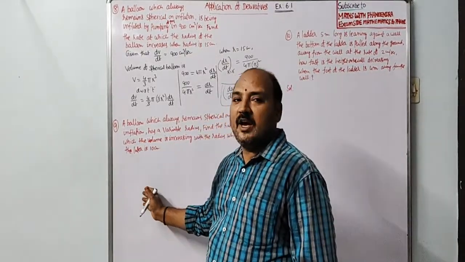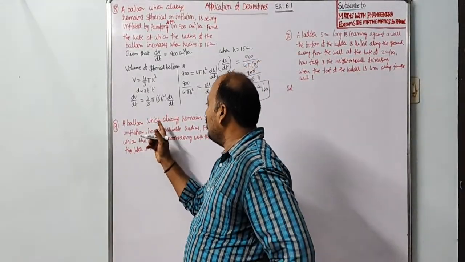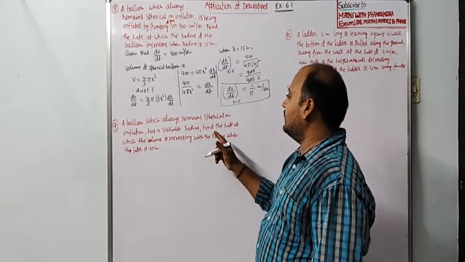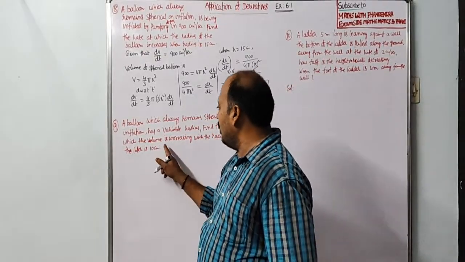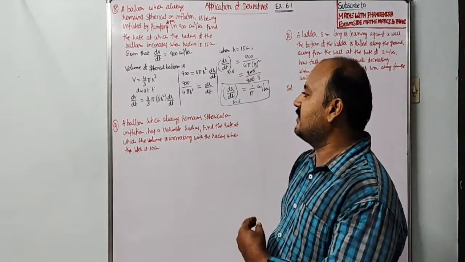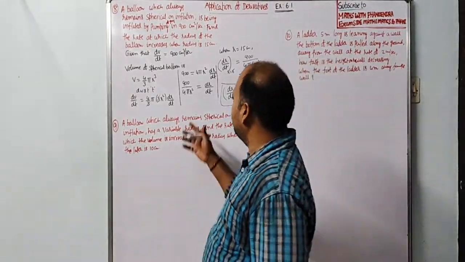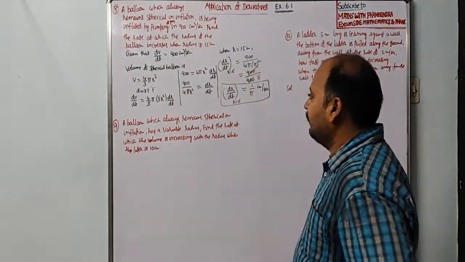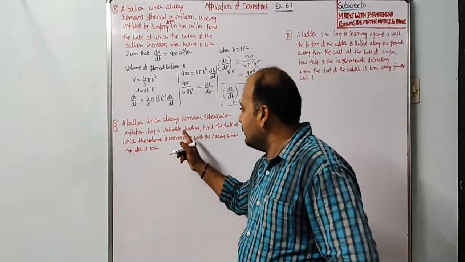We will move to another question here. A balloon which always remains spherical on inflation has a variable radius. Find the rate at which the volume is increasing when the radius is 10 centimeter. Same case. But dr by dt, we need to calculate. Here I think something is missing here values.